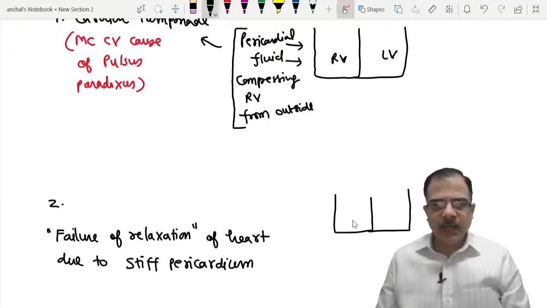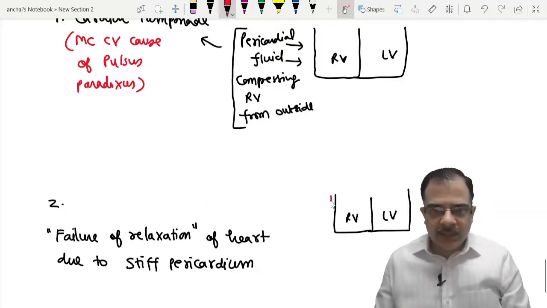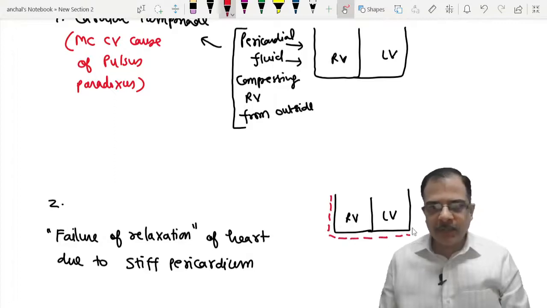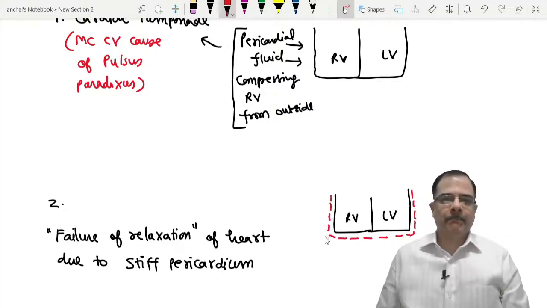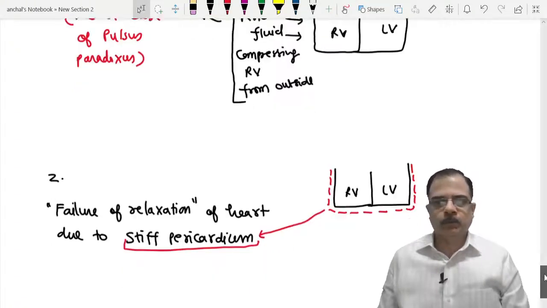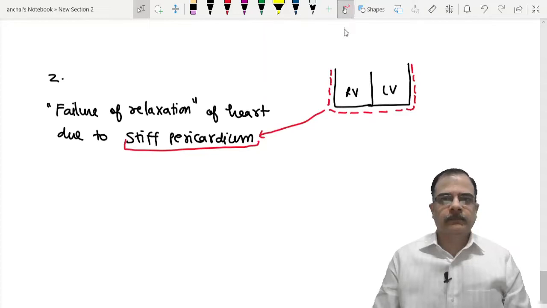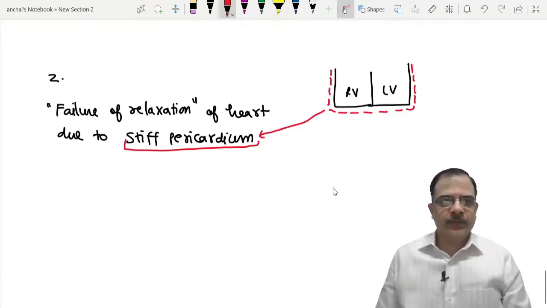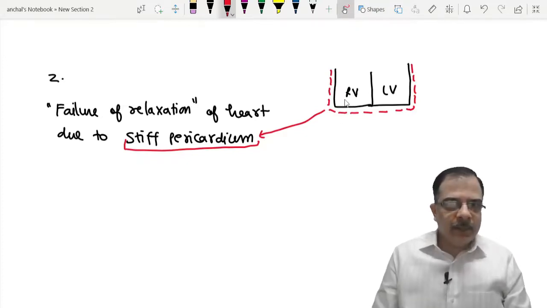For example, this is the right ventricle, left ventricle. So there was a stiff, calcified pericardium from outside. Stiff means thick and calcified. So what will happen?